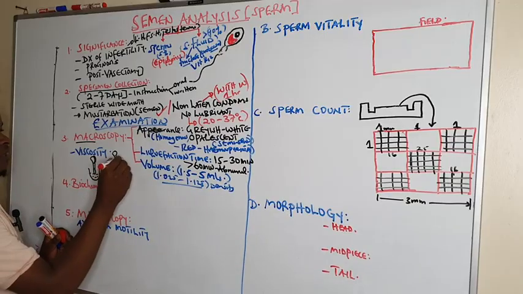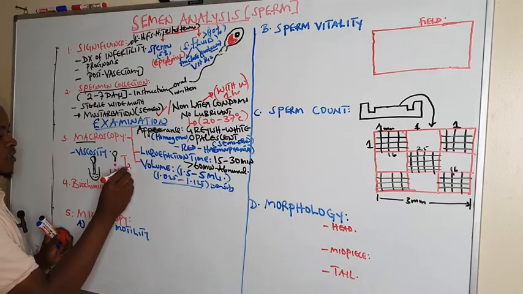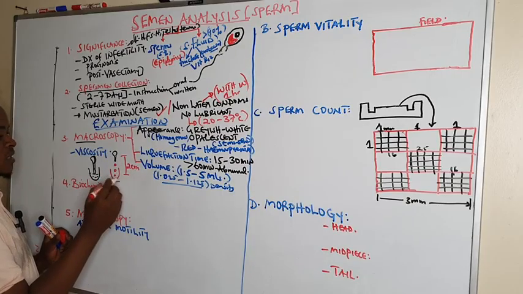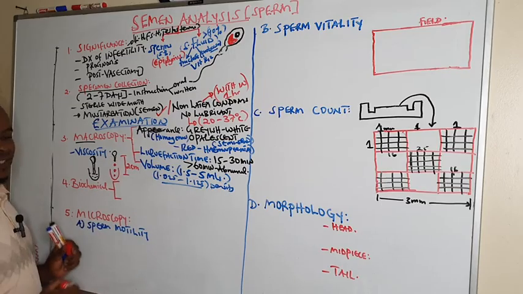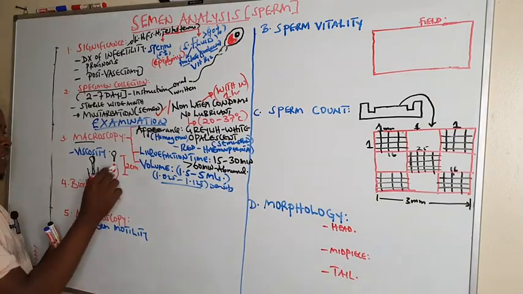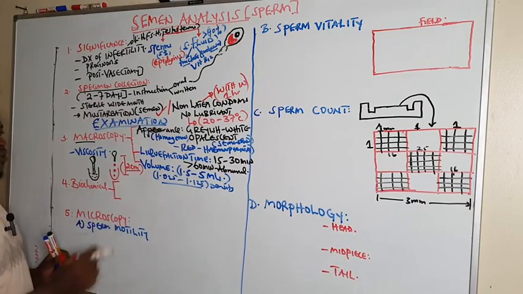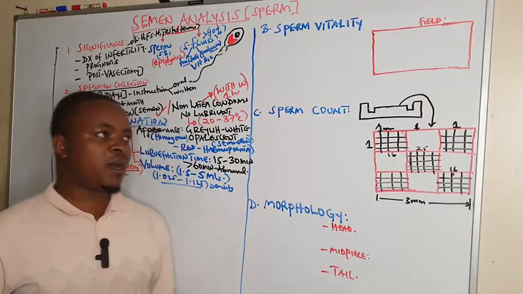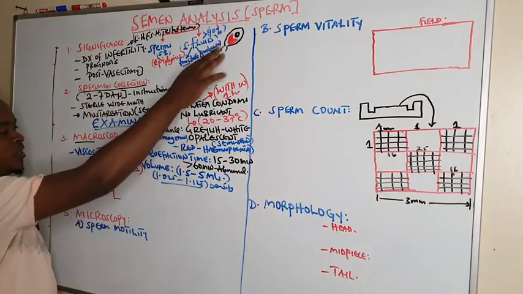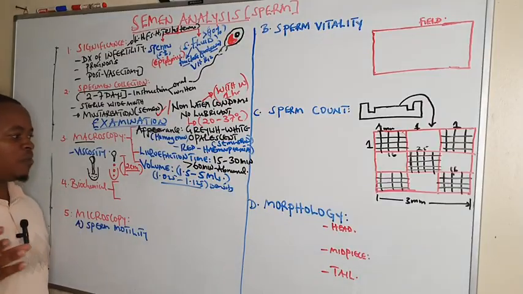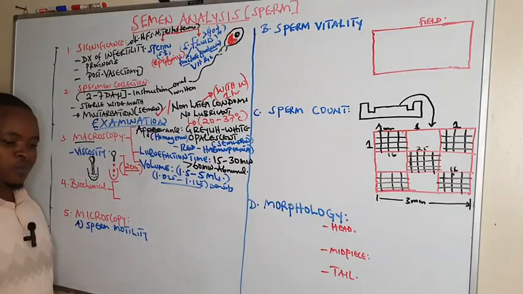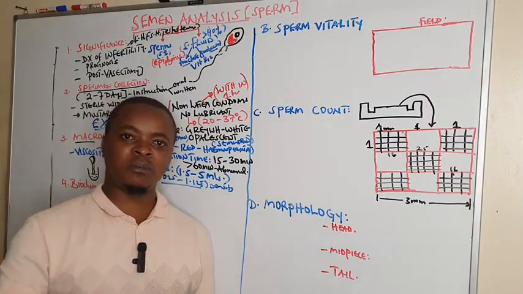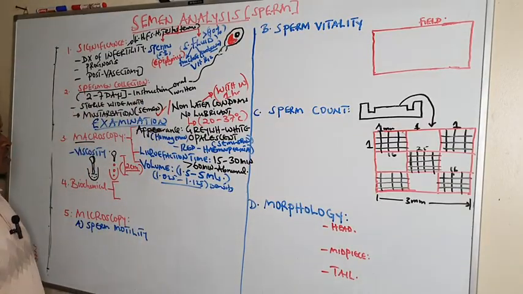But in case it makes a thread greater than 2 centimeters, that means the semen is hyperviscous. And hyperviscosity can also be a condition which might be causing infertility, whereby there is no presence of the proteases to liquefy the sample so that it becomes less viscous to enable the sperms to swim within the female reproductive system.